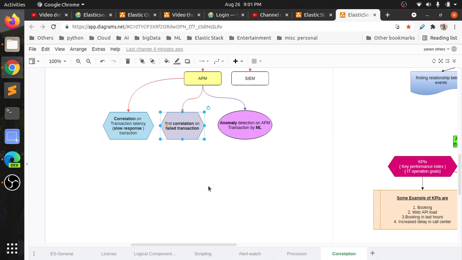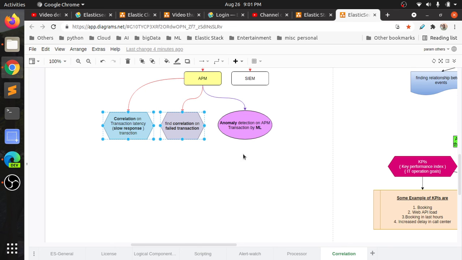Let's say some API call or some resource request has failed. Whatever events are related to that are grouped together. So there are two types of correlations implemented, and we can see them in Kibana itself.